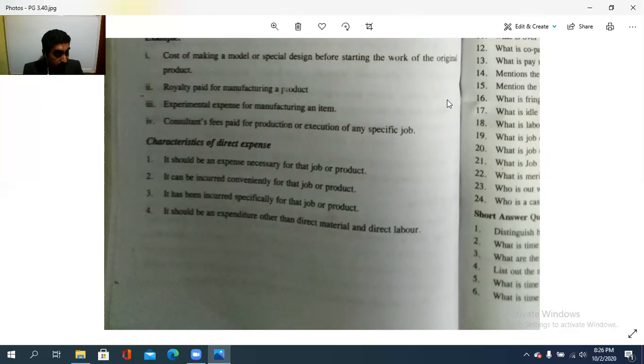Through these methods or measures, we can control the labor cost.